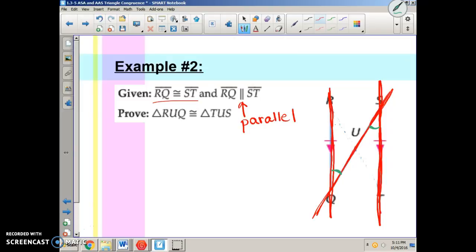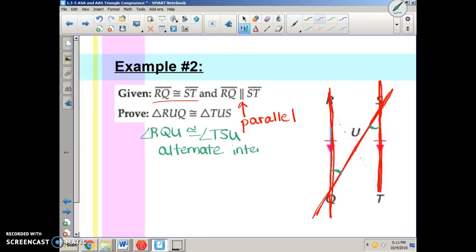Think. Okay, hopefully you said that those two, which we'll say angle RQU, is congruent to, it's hard to see, I think it's a T. Yep, it is. Angle TSU, because they are alternate, which means on opposite sides of the transversal.